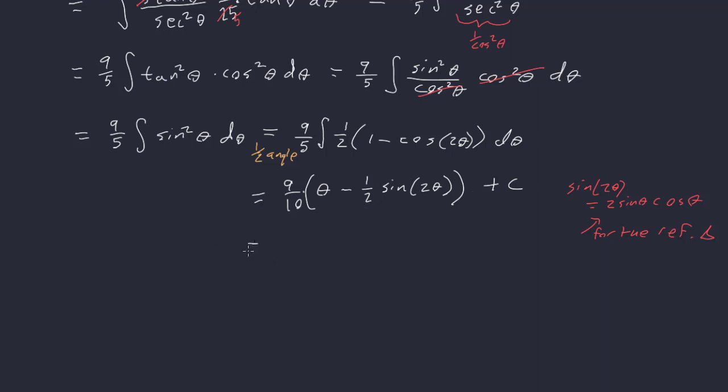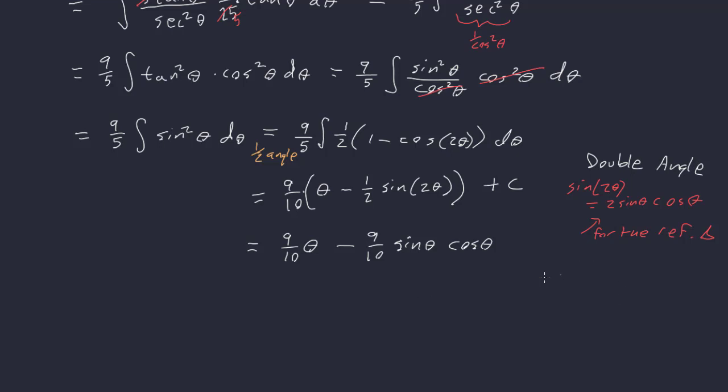So we'll end up with just a 9/10 theta minus a 9/10 sine theta cosine theta. This identity is used a lot. It shows up a lot in these, and it can be really helpful in a lot of different situations.